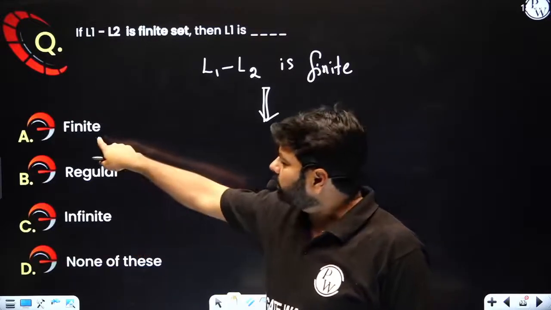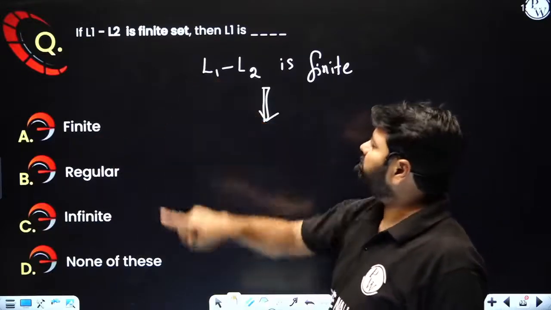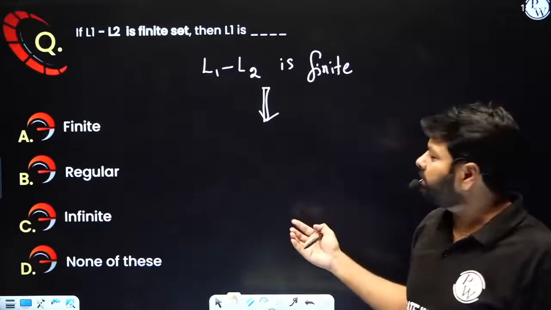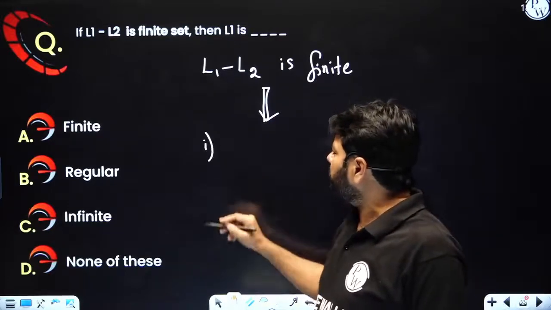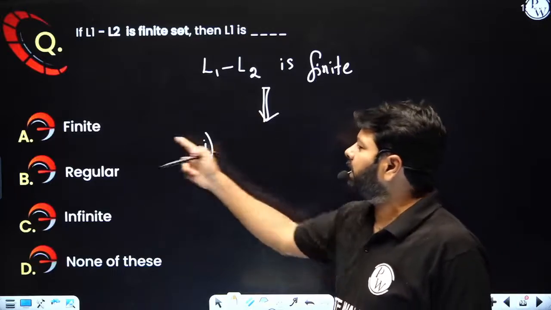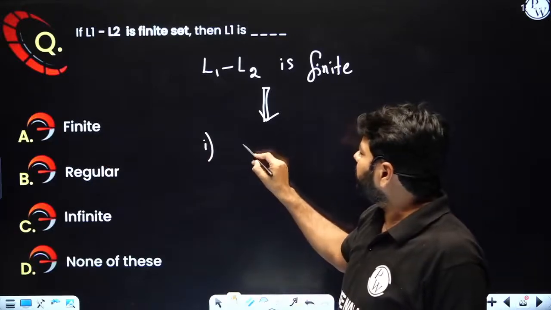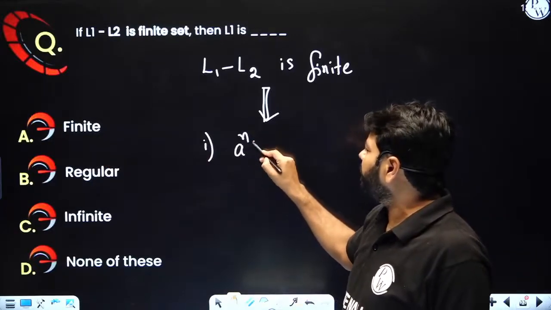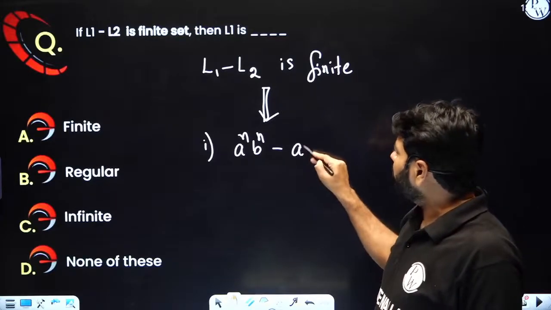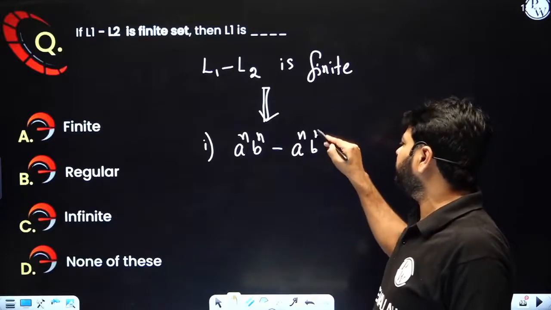So I'm trying to think of a counterexample for option A. Even if L1 is infinite, is there any possibility that the result is finite? Just think of an example. I'm taking L1 as infinite so that I can eliminate option A. Here I'm taking a^n b^n, which is infinite, and I'll take the same one for L2, as I can take anything for L2.